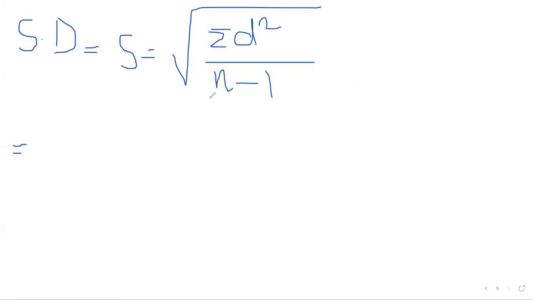So squaring of 7.25, squaring of 8.75. Everything you have to do fast. Do the calculation.